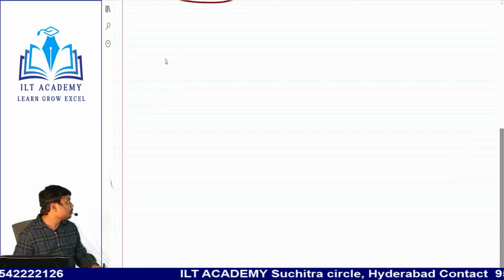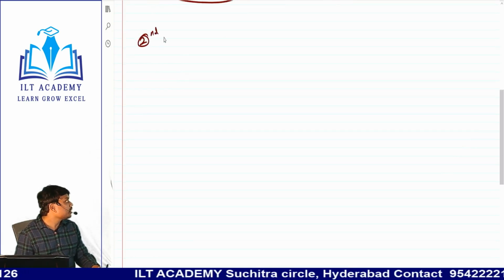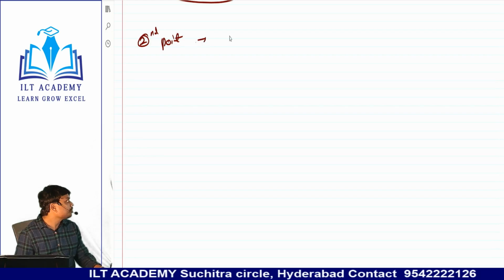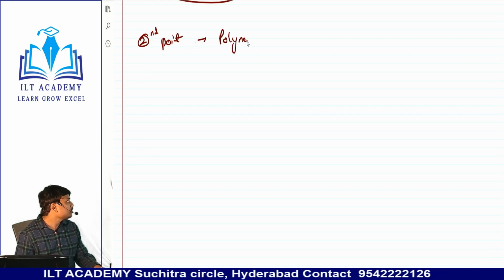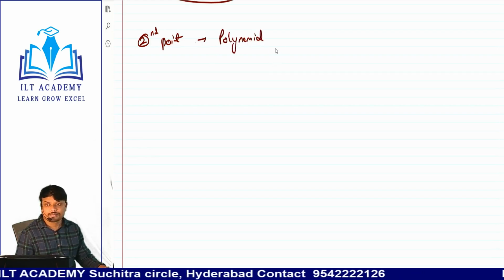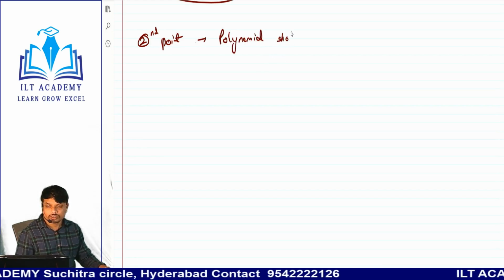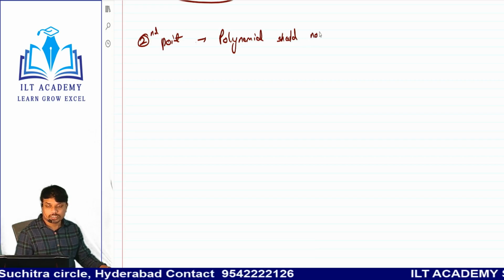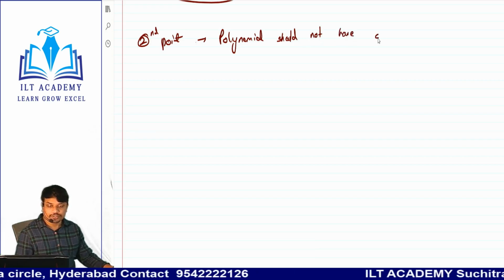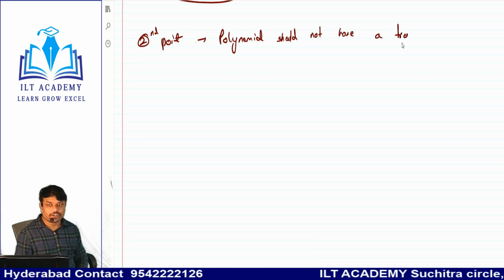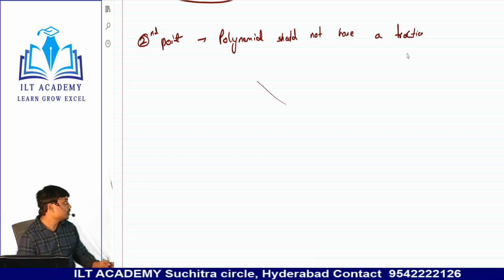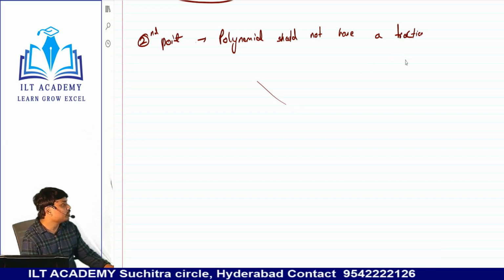Now coming to the second point. What is the second point? A polynomial should not have a fractional power.